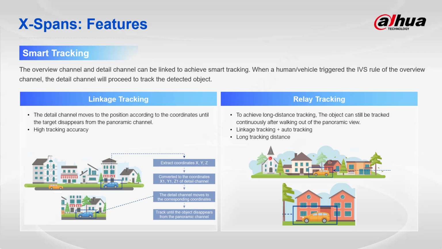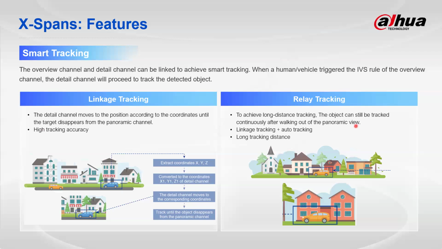The difference between these two is that on the linkage tracking, the detail channel moves to the position according to the coordinates until the target disappears from the panoramic channel. This provides high tracking accuracy. For the relay tracking, to achieve long distance tracking, the object can still be tracked continuously after, for example, walking out of the panoramic view.